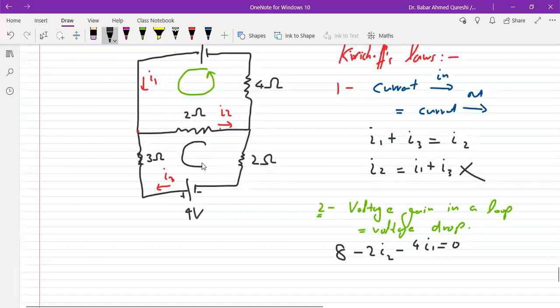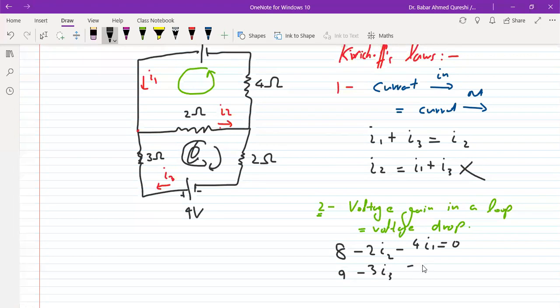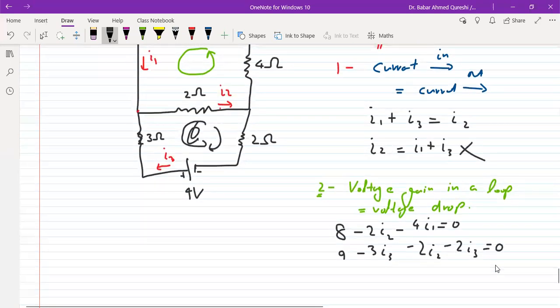Similarly, I can use this, or better go this way, because it would be easier if I follow the direction of current. So I get 9 minus 3 I3 minus 2 I2, and then I encounter this one, which is again I3, minus 2 I3 is equal to 0.